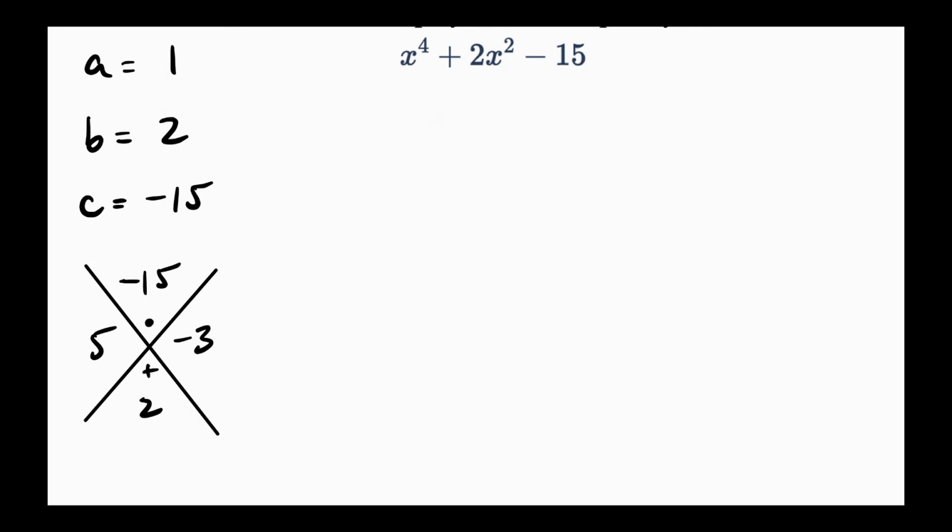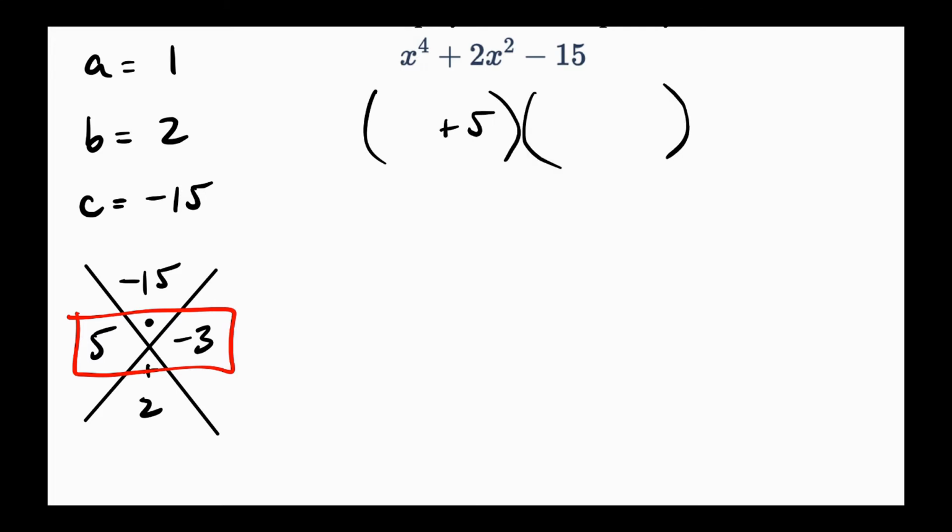Okay, so those are our winning numbers. So we move them over here. So I'm going to have a plus 5, and I'm going to have a minus 3, right? I think, Bennett, this is what you were talking about. The powers are different, right? It's not squared anymore. Squared used to be the top power. And then that used to be no power, right?